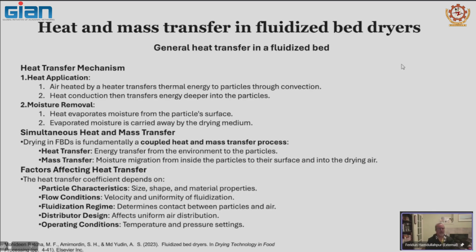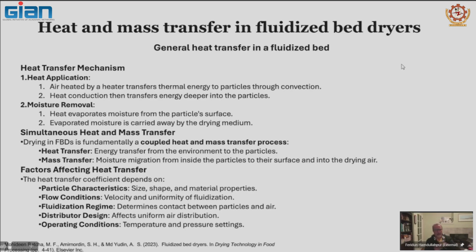Okay, so heat transfer, as I mentioned earlier: hot air basically heats the particle and enables mass transfer. Moisture, again, is removed in two steps that I explained a little while ago, and all of these are taking place simultaneously.